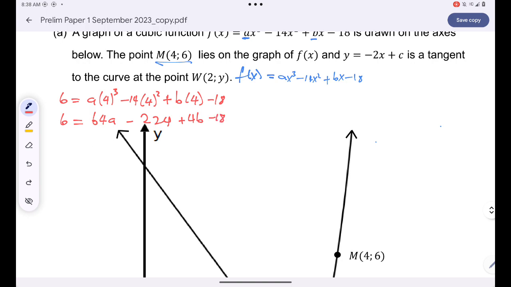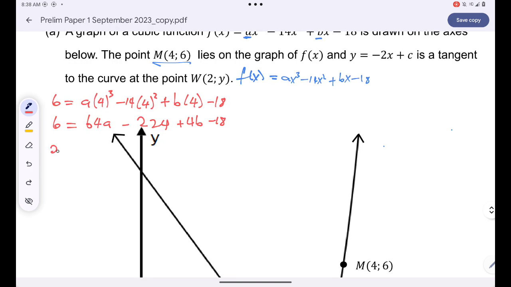So therefore on the left hand side we'll end up having positive 224 plus 18 plus 6. That's 224 plus 18 plus 6. On the left hand side, we'll end up having 248 is equal to 64a plus 4b, right?